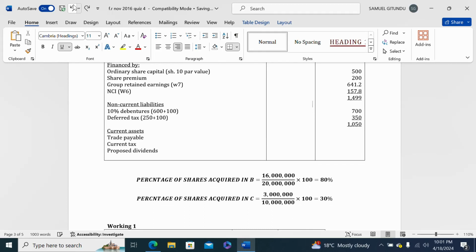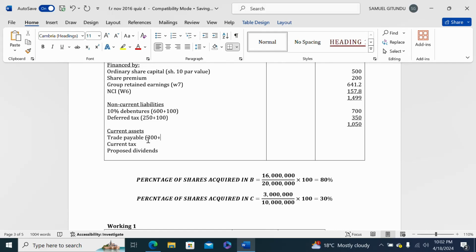Then we go to the current liabilities. We start with the trade payables. For A, we have 300 as the trade payables.